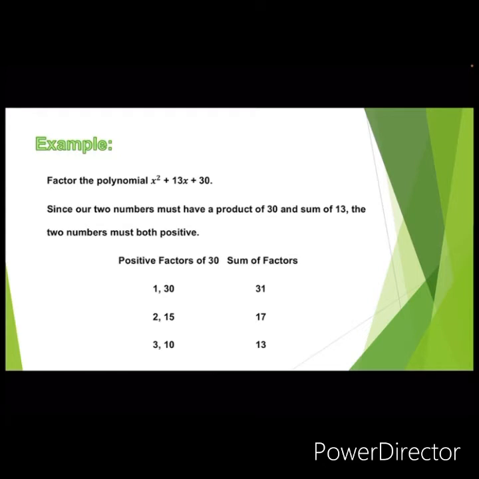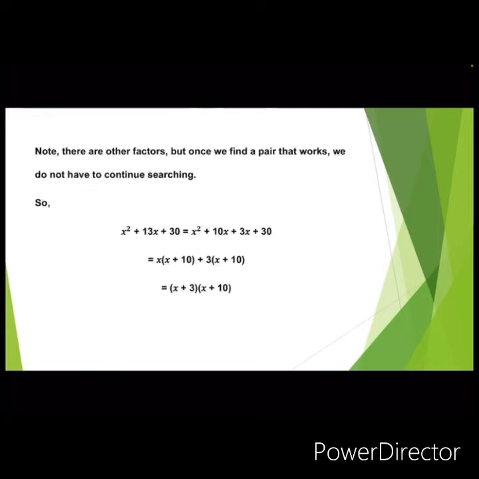The sums of the factors of 30 are: 1 and 30 is 31, 2 and 15 is 17, 3 and 10 is 13. Note, there are other factors, but once we find a pair that works, we do not have to continue searching.